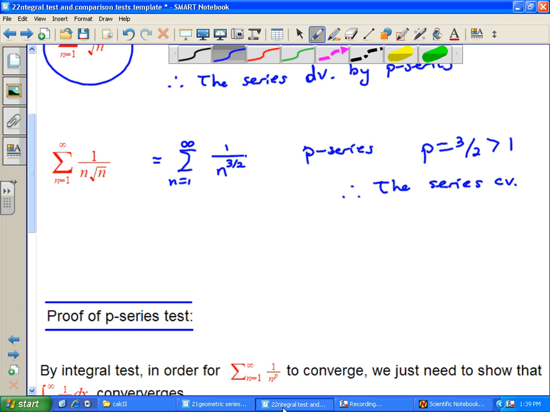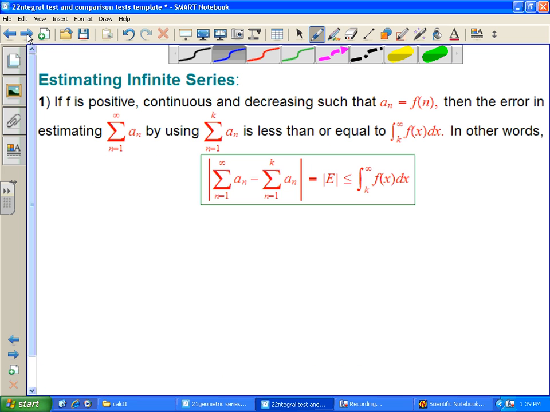Okay. So now a related topic called estimating an infinite series. And this is also in your handout. Look on the bottom of the second page, under estimating infinite series. You see that?